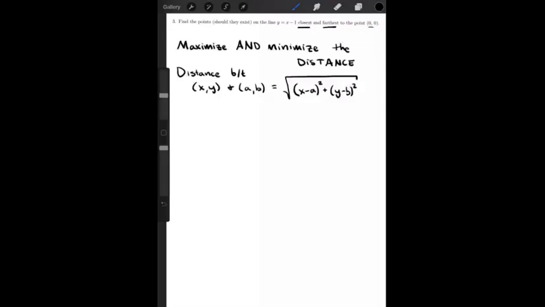So we've said that one of the points in question is (0, 0).